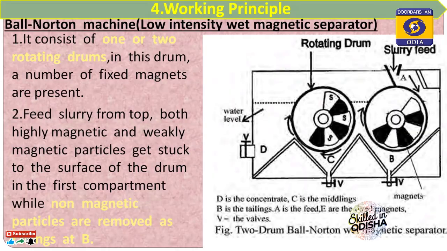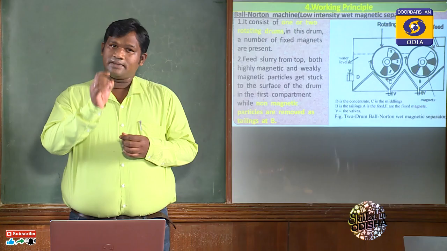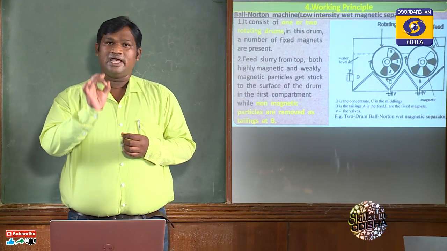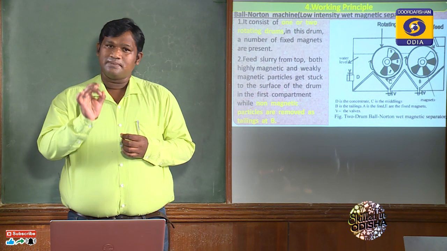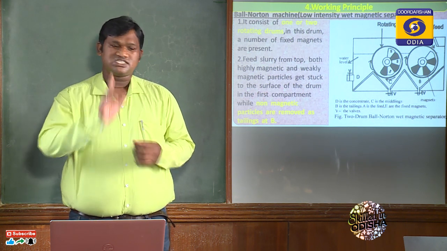Second point, the slurry is fed from the top. Both highly magnetic and weakly magnetic particles get stuck to the surface of the drum in the first compartment, while the non-magnetic particles are removed as the tailings. So whatever highly magnetic and weakly magnetic particles are available, they stick to the first drum.